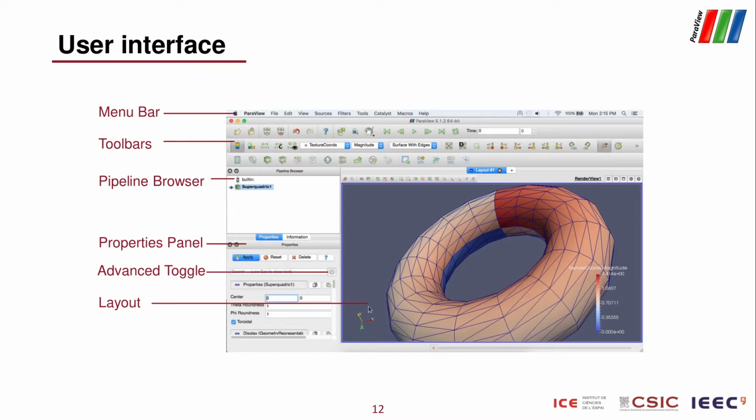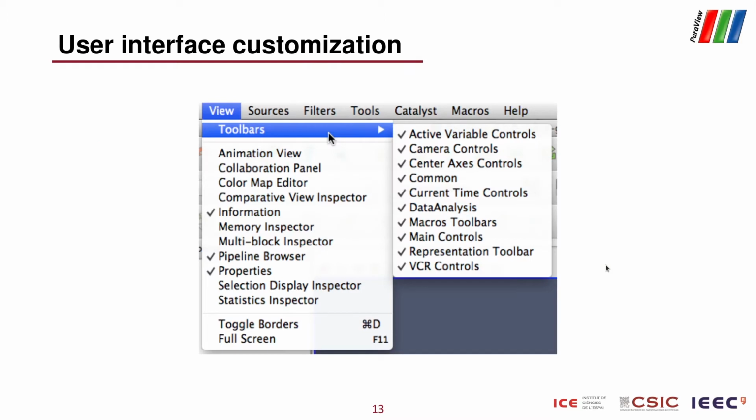And finally, the main layout here, where we will see our visualizations. These toolbars sometimes are not enabled. So we can go to View, Toolbars, and we can activate them all if necessary, if we are missing some.